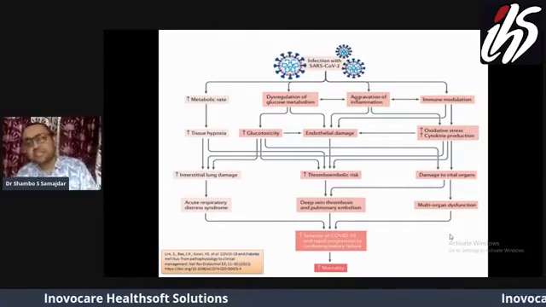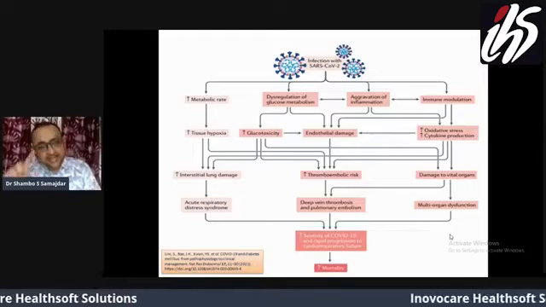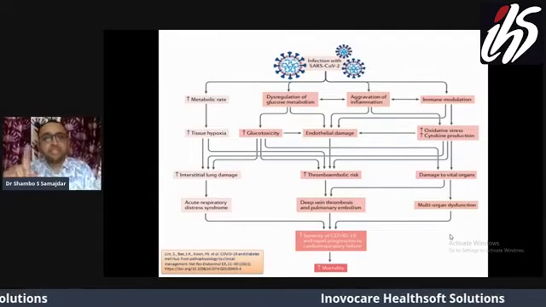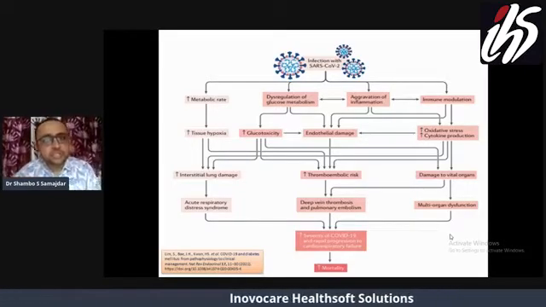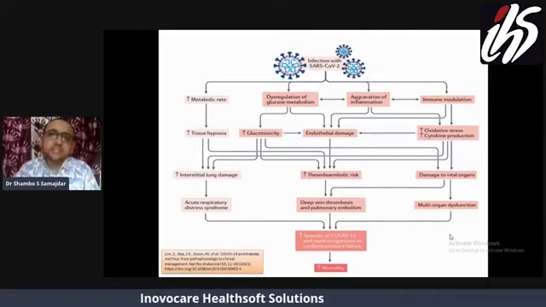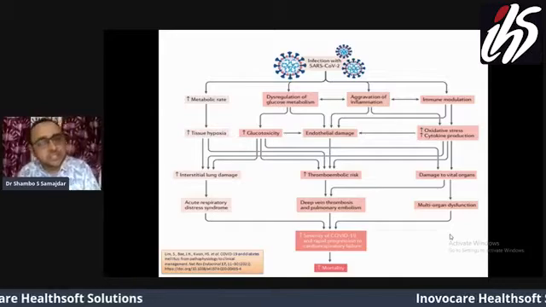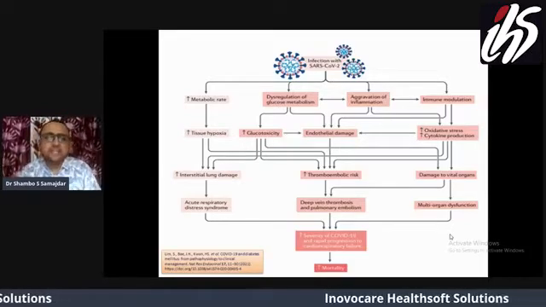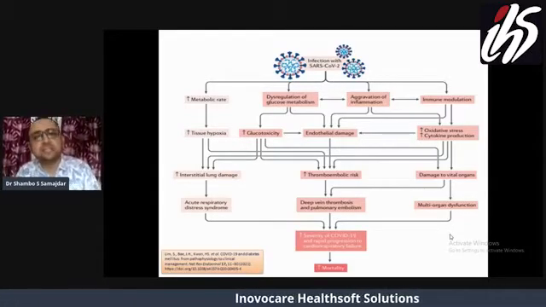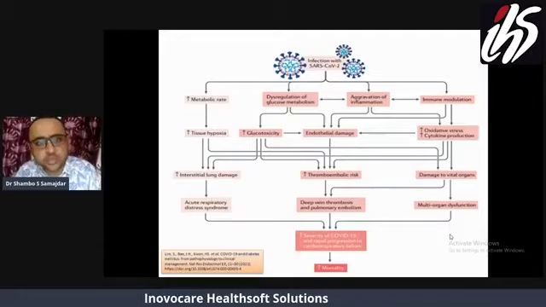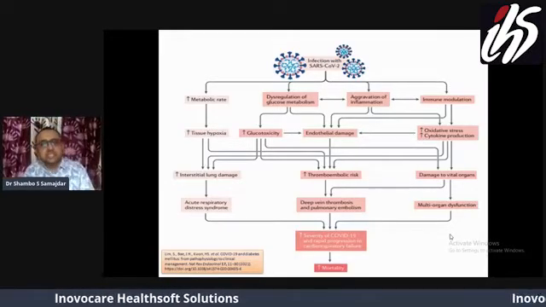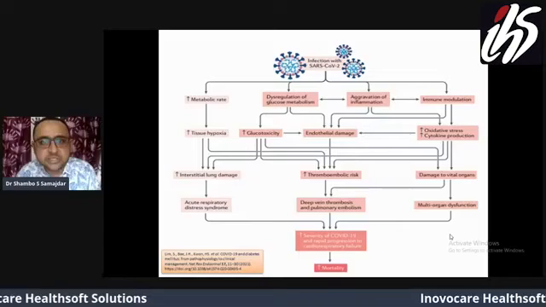Apart from that, they produce another D, that means dysregulation of the immune system, and that dysregulation of the immune system also leads to insulin resistance. And apart from that, there are lots of cytokines that come into our blood circulation, which results in hyperglycemia.